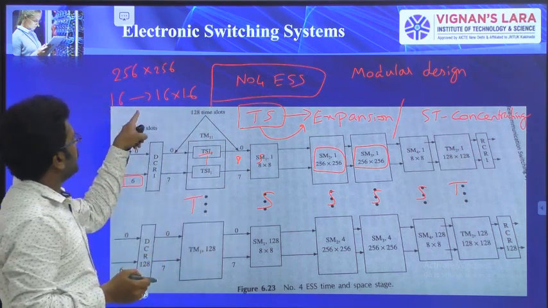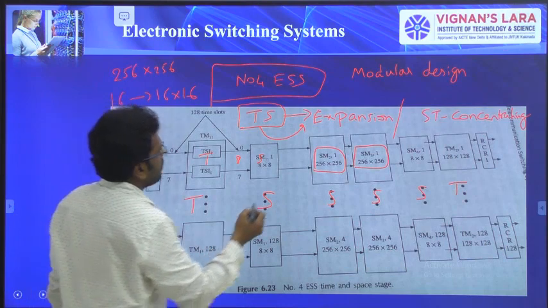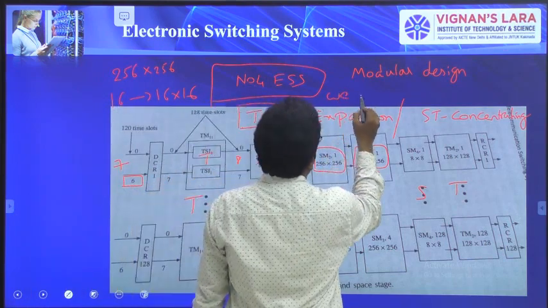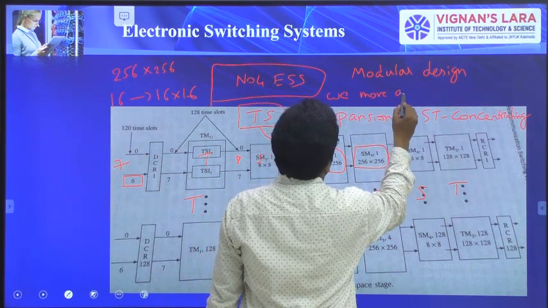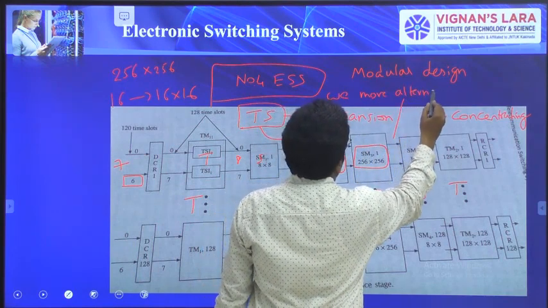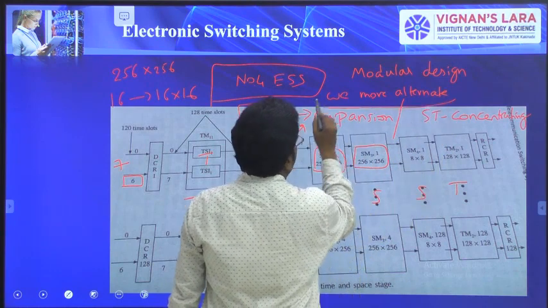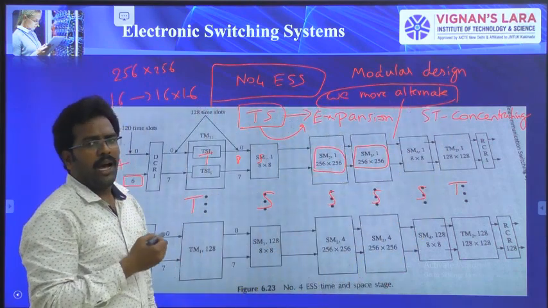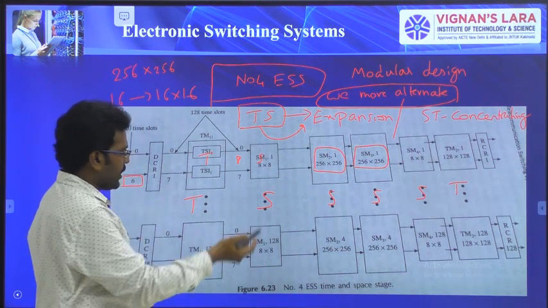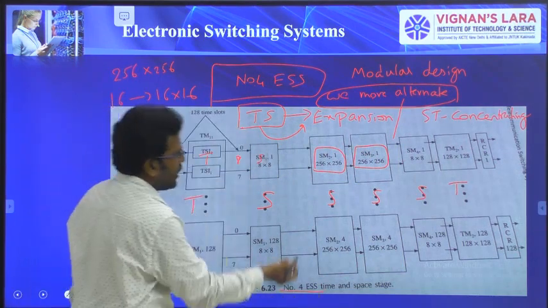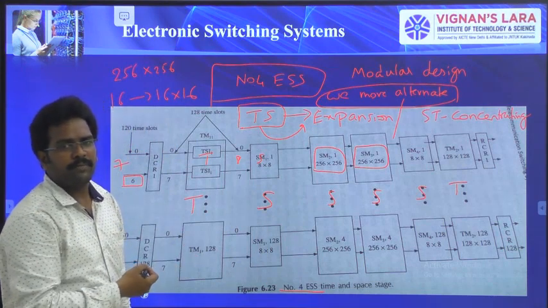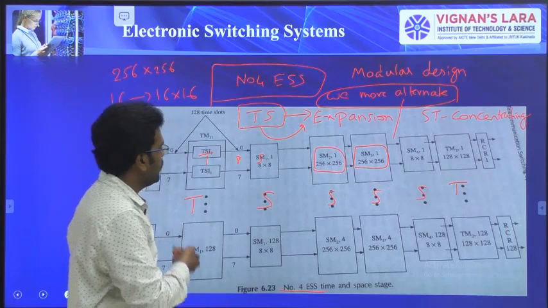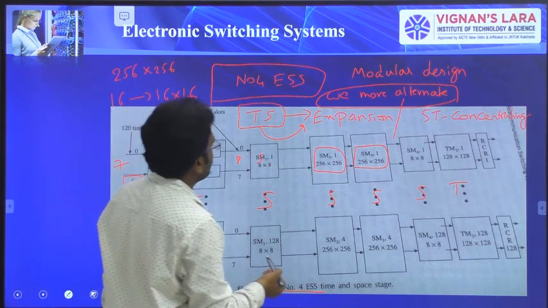What is the use of a modular design? The advantage of using modular design is that you can increase the number of alternate paths. Therefore, in the structure of number 4 ESS, they have used a modular design, not a single-stage switch.